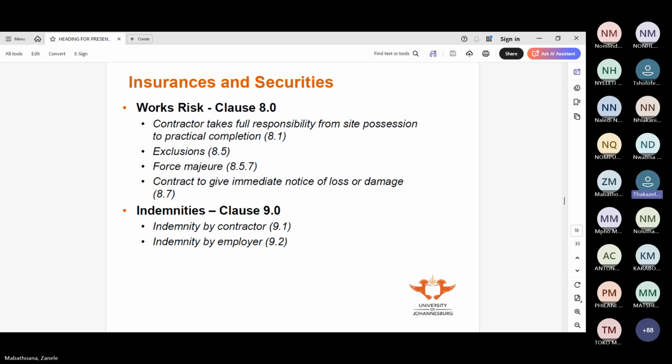What happens in a situation like that, where the design has changed in such a way that it's no longer in accordance with the bill of quantities?